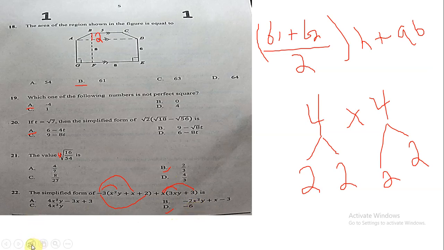Okay, now let's go to the next page. Here it says 2xy minus y squared times x plus xy. Which one is not equal to this expression? Here A is equal to this expression.